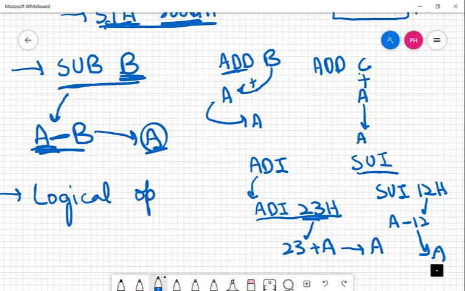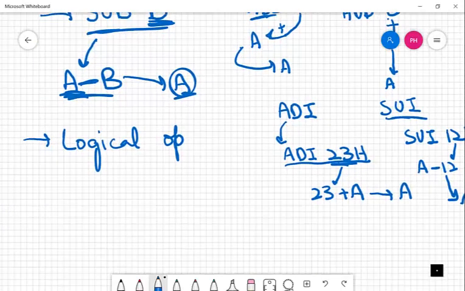In case of add, one operand is present in accumulator, but the other is present in the particular register we mention in the instruction. But in case of add immediate, one operand is present in accumulator, but the other operand is mentioned in the instruction itself. Similar is the case with subtraction and subtract immediate.